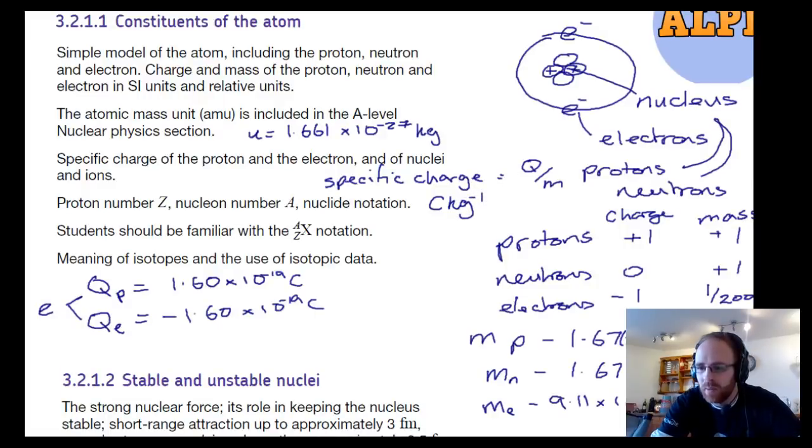Just going to open up the data booklet to check which things you get and which things you don't. Do you use that in E equals mc squared? No, in E equals mc squared you use their actual rest mass. It kind of depends on the question, but you tend to use their actual rest mass in E equals mc squared. In the first year you won't need to use E equals mc squared, but in the second year you will.